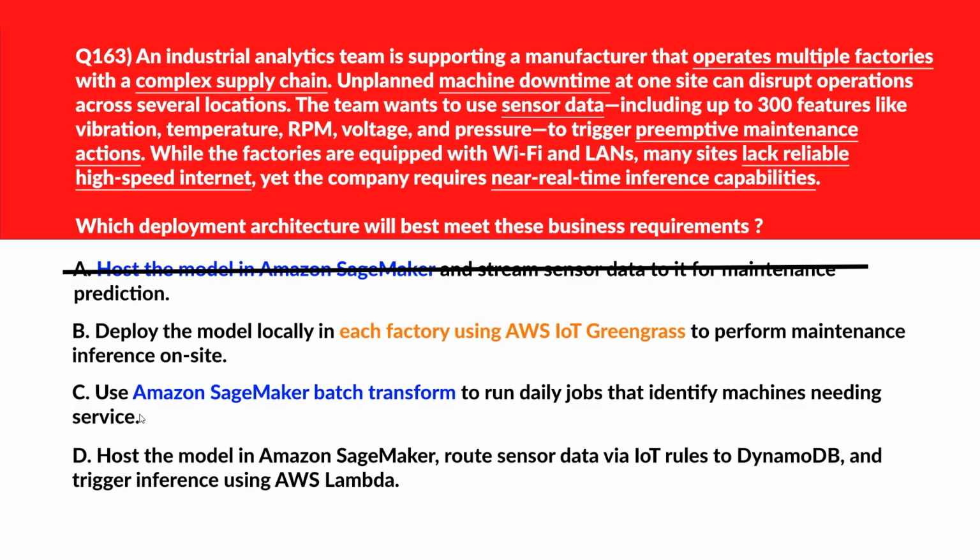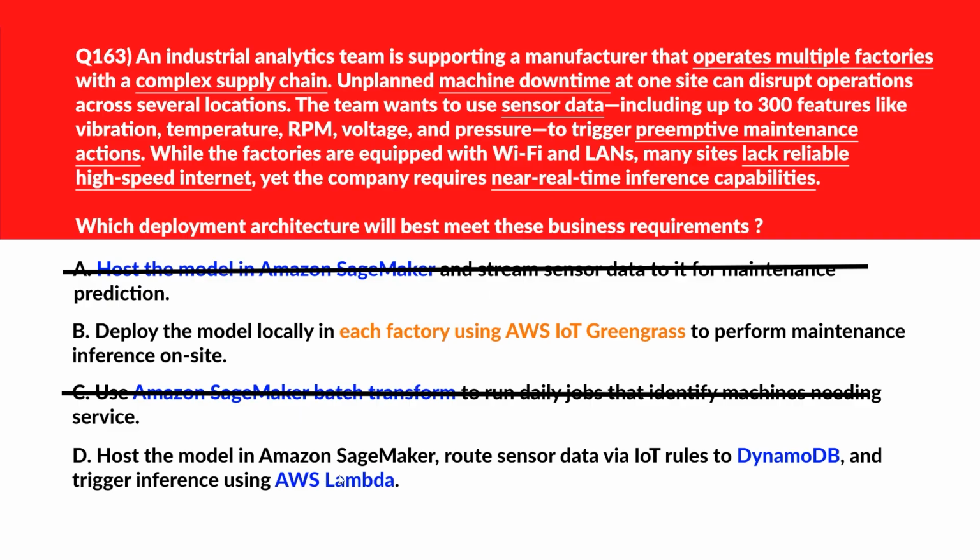Let's move to option C. C says use SageMaker batch transform to run daily jobs that identify machines needing service. SageMaker batch transform delivers delayed insights, which is unsuitable for near real-time maintenance. Wrong answer. We'll now move to option D.